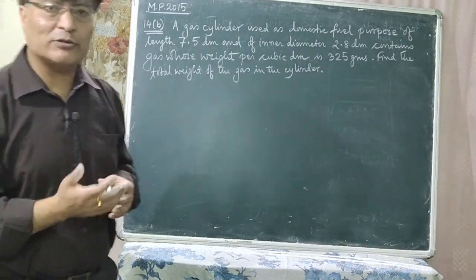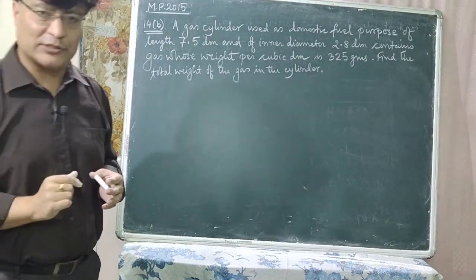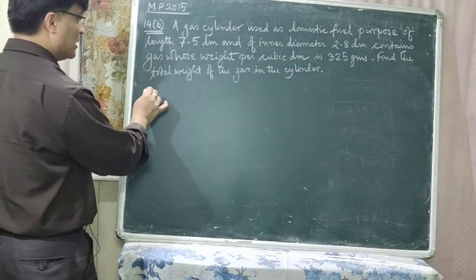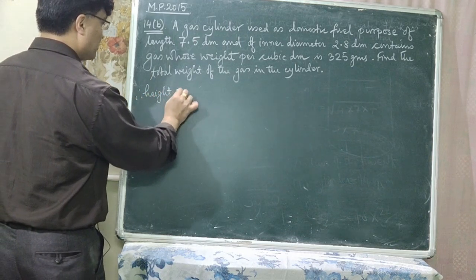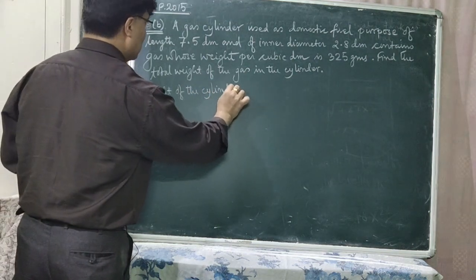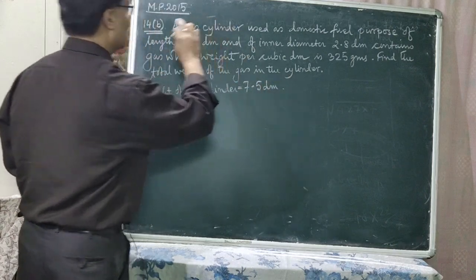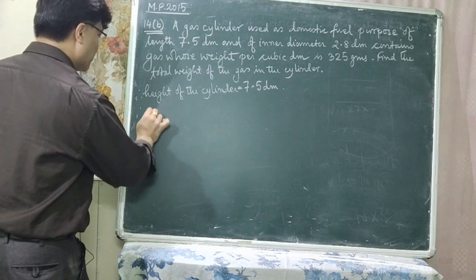So you have to find out the volume of gas in the cylinder using the formula pi r square h. Okay. So what is the length of the cylinder? That is the height of the cylinder, right? So height of the cylinder is equal to 7.5 decimeter. Okay. What is the inner diameter?